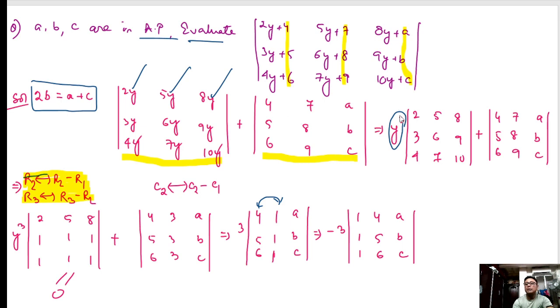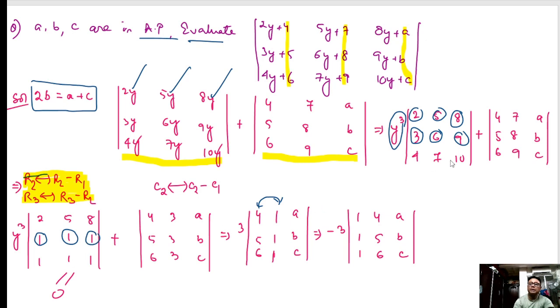R2 minus R1: 3 minus 2, and we keep it in R2, that is 1. Similarly 6 minus 5, and we keep it in R2. Similarly 9 minus 8, we keep it in R2.